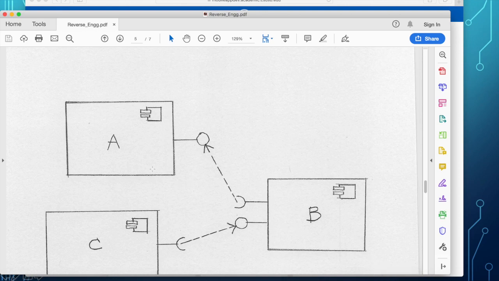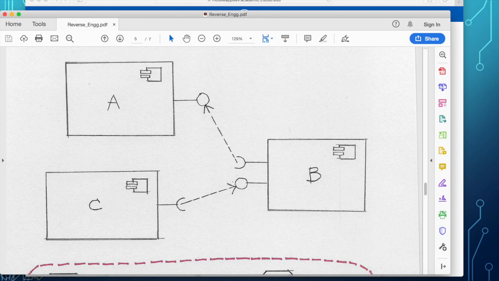And from A to B, the relationship of the communication is A provides service and B needs service. But B also provides service to C. And so the communication between B and C, C is a socket and ball, and B is a ball.